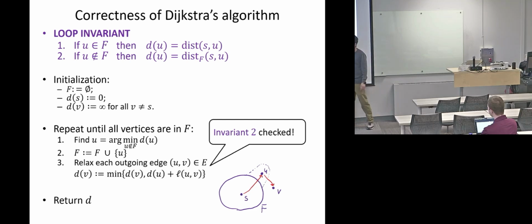And we do exactly that. We just update so that now the estimate of v can decrease according to a distance that goes through u and takes one step to v. This is exactly what the relaxation step does to make the second invariant hold.